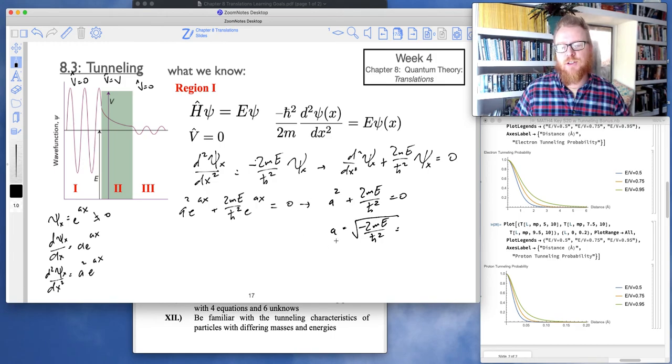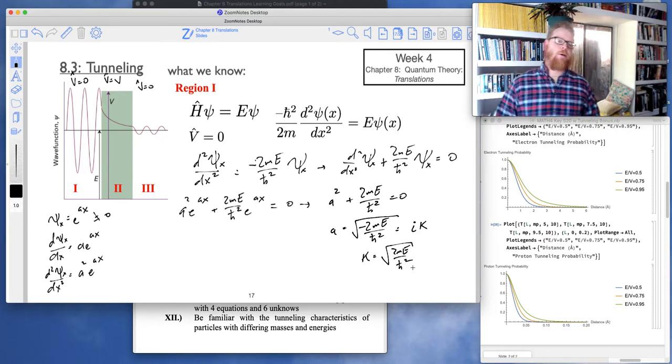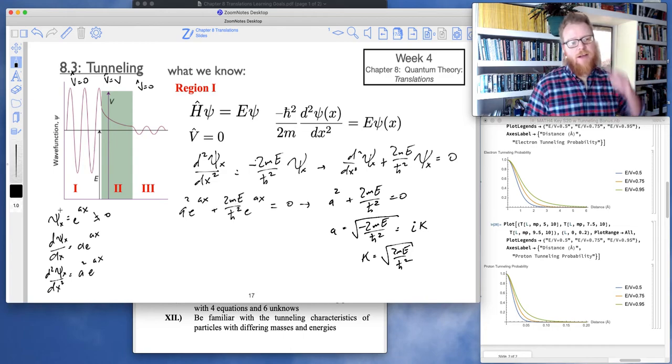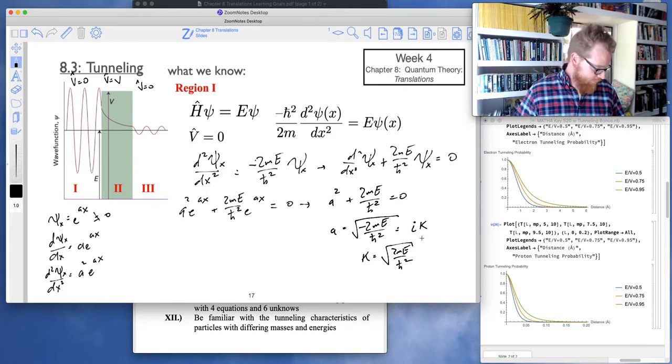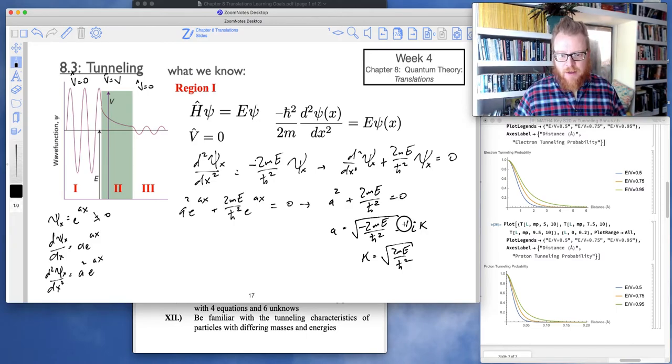And I'm going to write the solution of this as i times k, where we recognize we're going to call the collection of all of these constants k, as we know, is the wave number, the square root of 2mE over h bar squared. Okay, so now because we know that psi of x equals e to the ax, and we're saying a is ik, technically that's, because it was squared, we can make that plus or minus, okay?